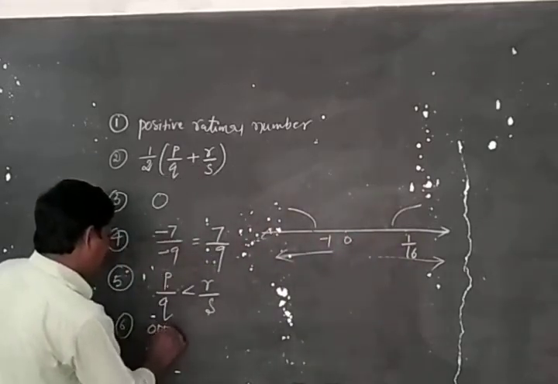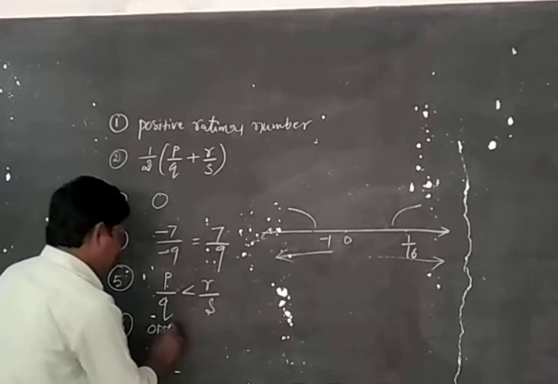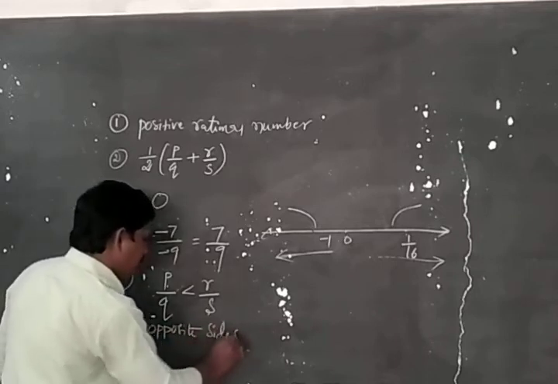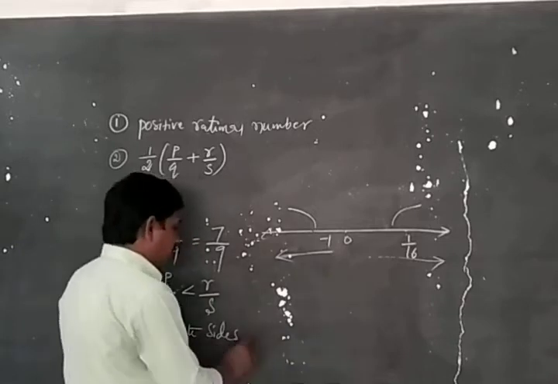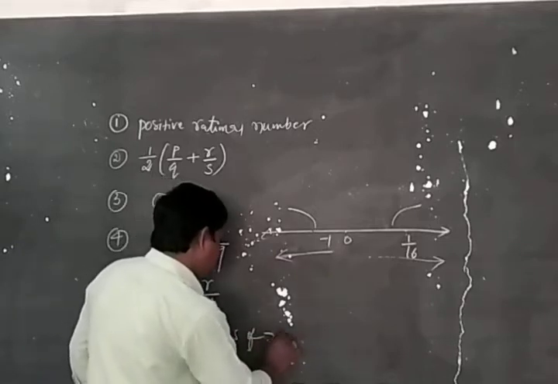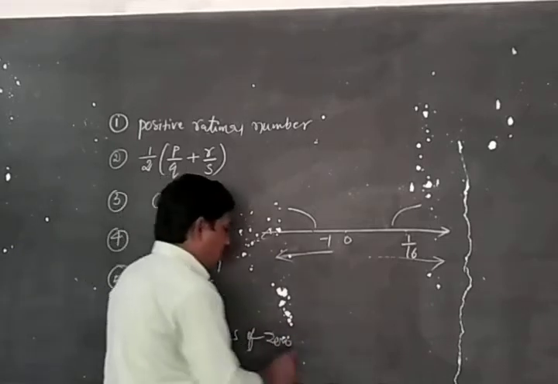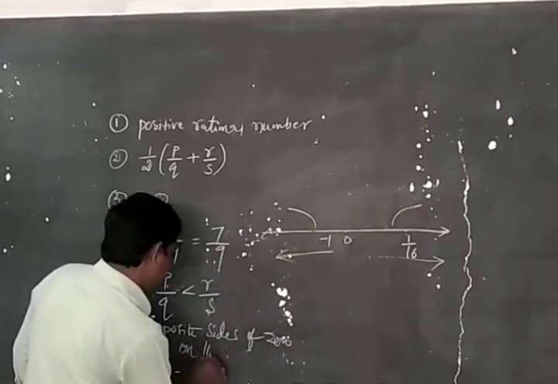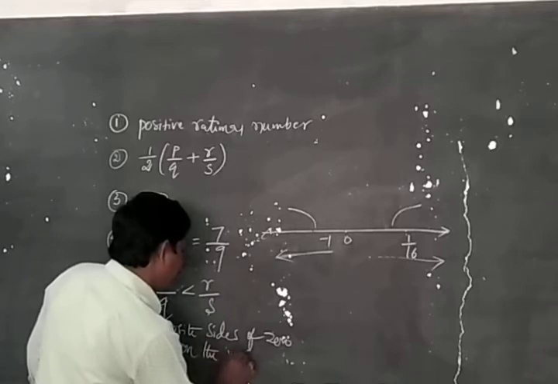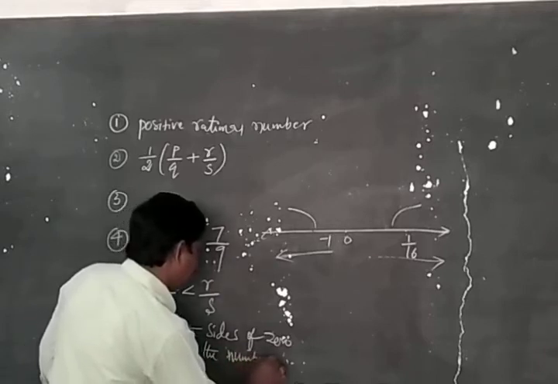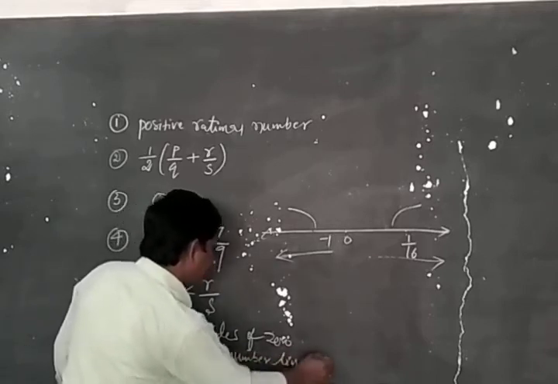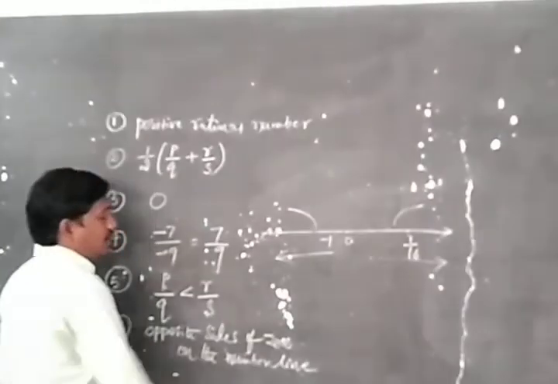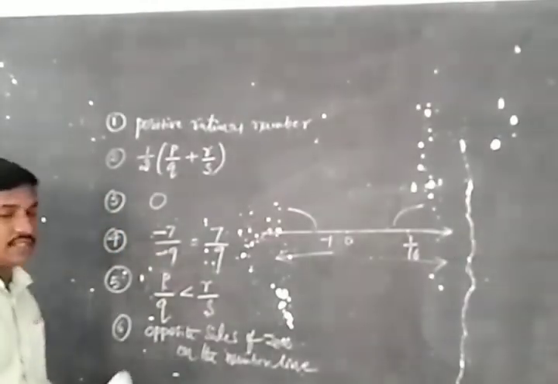Opposite sides of 0 on the number line. Write down up to 6.